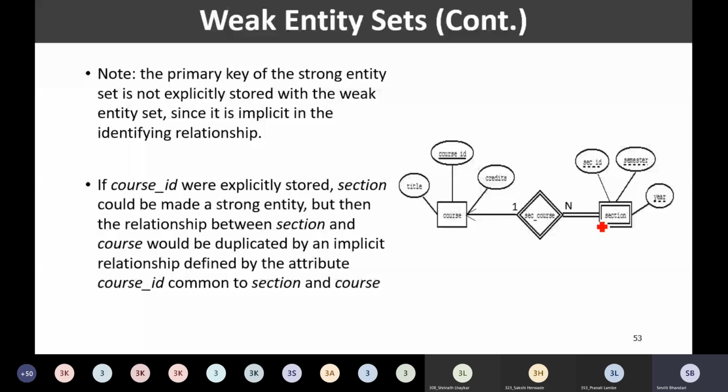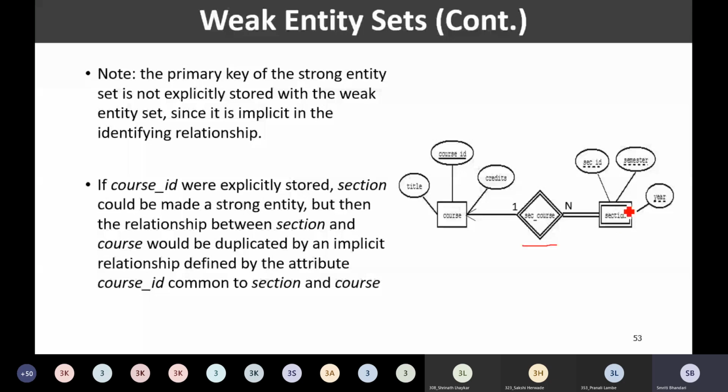And as this is the weak entity set which is associated with the respective identifying entity set via this identifying relationship set, the primary key of the strong entity set is implicitly available with this weak entity set, right?